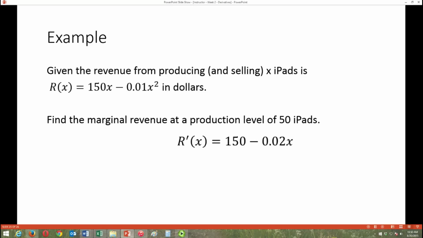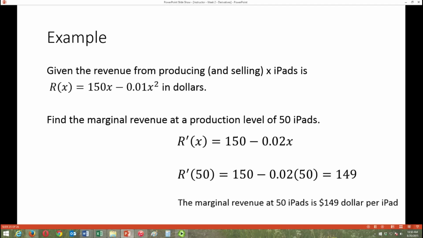R prime of x equals 150 minus 0.02x. And to find the marginal revenue at 50 iPads, we get R prime of 50 is 150 minus 0.02 times 50, which equals 149. This tells us the marginal revenue at 50 iPads is $149 per iPad. In other words, if we produce the 51st iPad, we'll generate another $149 in revenue.